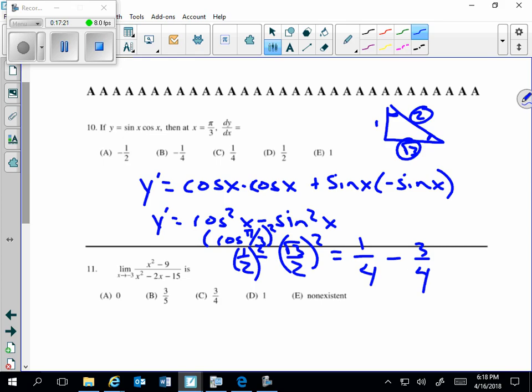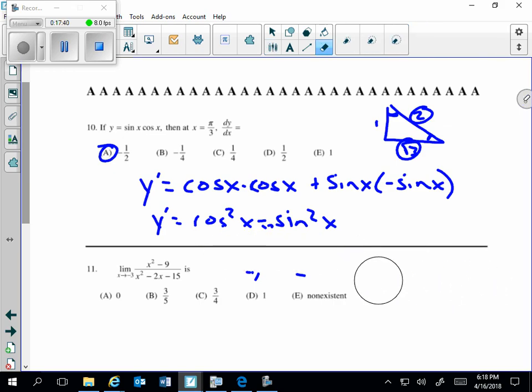Square root of 3 squared is 3, 2 squared is 4. So 1/4 minus 3/4 is a negative 2/4, which is a negative 1/2. Looks like letter A. Simple product rule with my trig functions. All right.